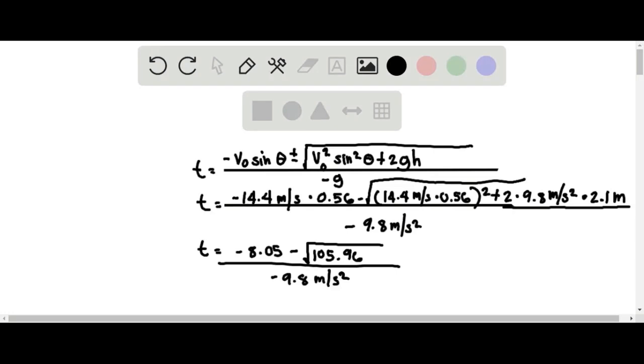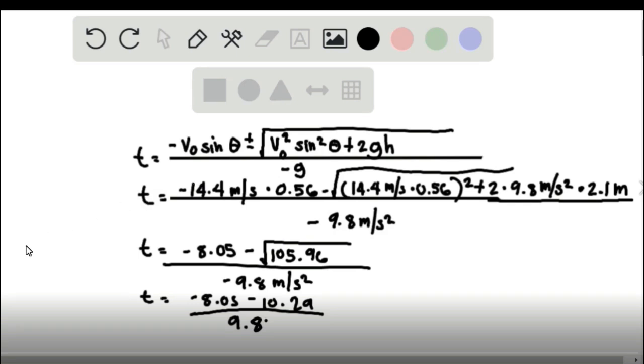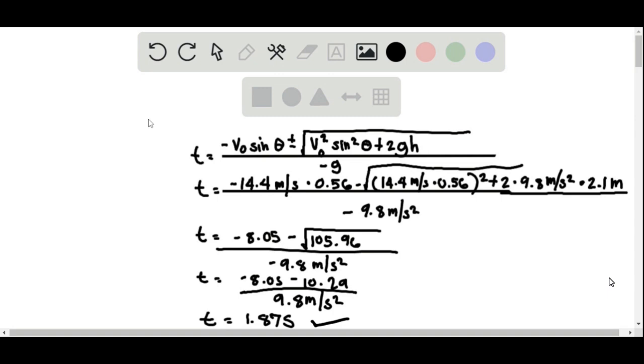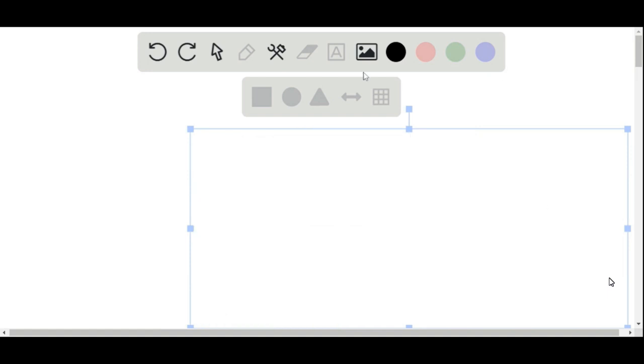Then we can get our value for the time, which is amazing: 1.87 seconds. That's our value for time, and we're happy with that already. So now let's proceed to our horizontal distance. Please remember the 1.87 seconds, everyone.